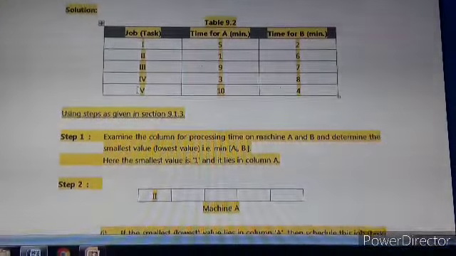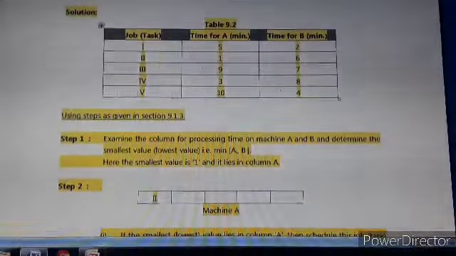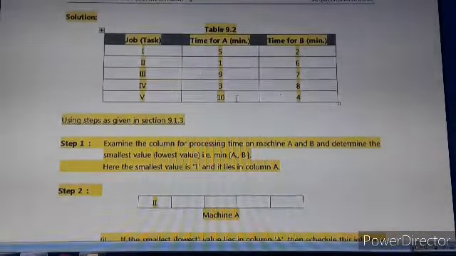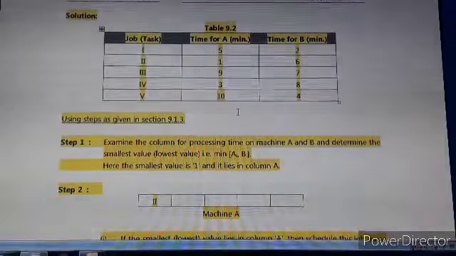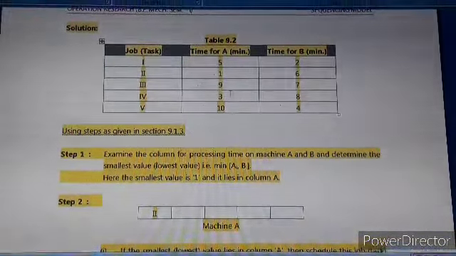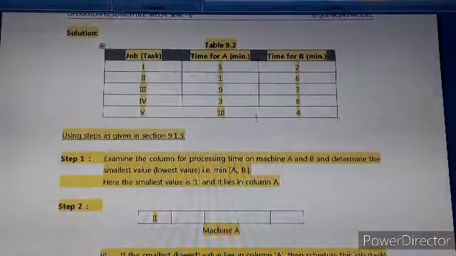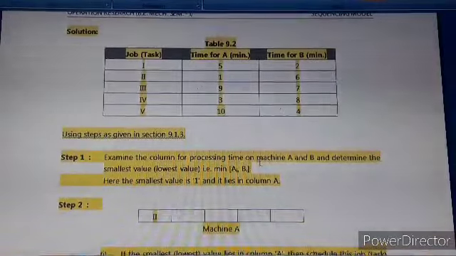So we'll assign job 5 last and we'll score off the last row. Now we have only one job left, our next smallest processing time is with respect to job 3. So let us see this.